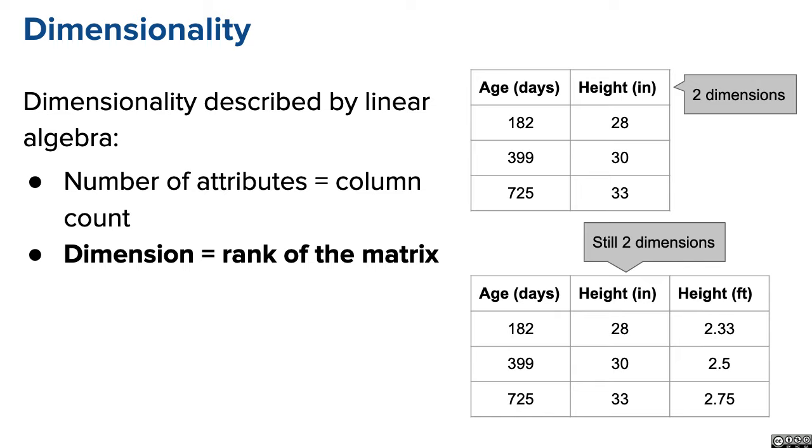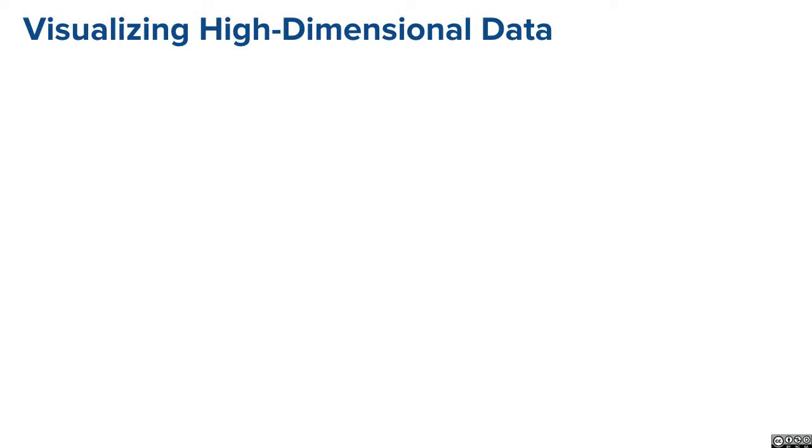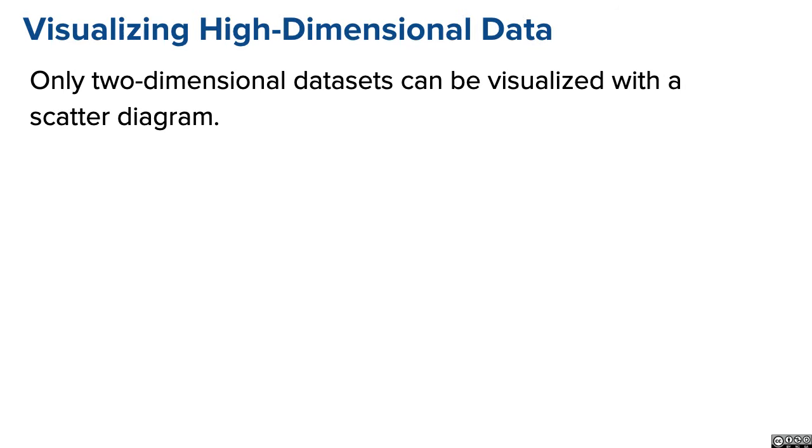Okay. This is important because we often come across what we call high-dimensional data in the world, where, for example, in genomics, you might have one row be a person, and every column in the data set be, let's say, their DNA base pair at that position in their DNA sequence.